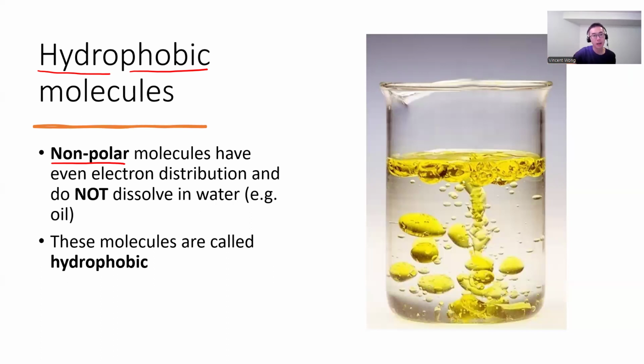Other examples of hydrophobic molecules would be things like wax, and wax does not dissolve in water. Hot wax, like when we drop it on, it just floats on top. I always wanted to look up this video to show in class, but I always remember when I get to this slide, and then after class, I always forget. Anyway, I'm just going to tell you about it, and you can look it up.